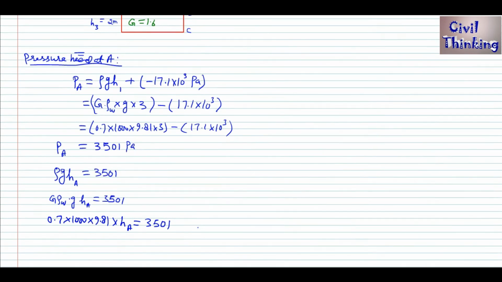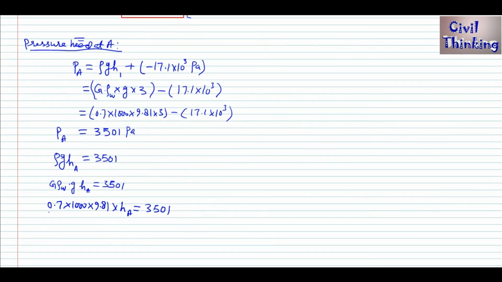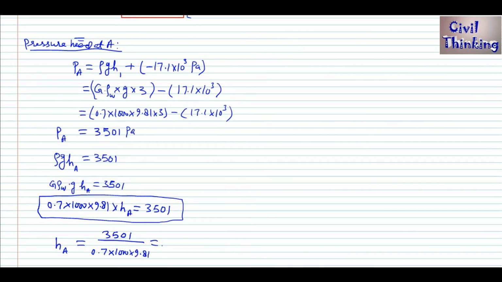Now here we can find the head at A from this relation. How? Head at A will be equal to 3501, when we simplify this equation, divided by 0.7 multiplied by 1000 multiplied by 9.81.